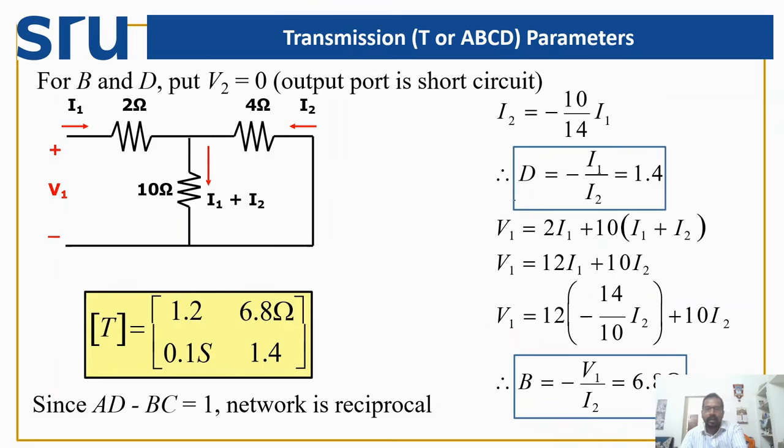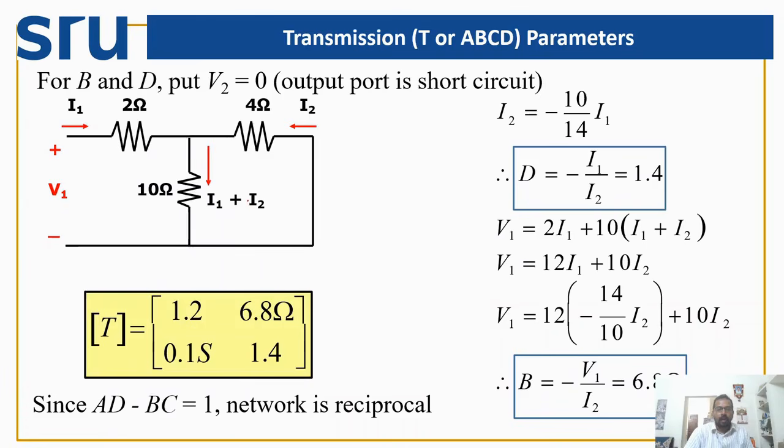For the second case, we are going to short the second port. When we short it, my circuit looks something like this. Let us say we have an I1 current entering here, and as it is a short circuit, the I2 current will also be there. My I2 current flows in this particular direction, and here we are going to get I1 plus I2.